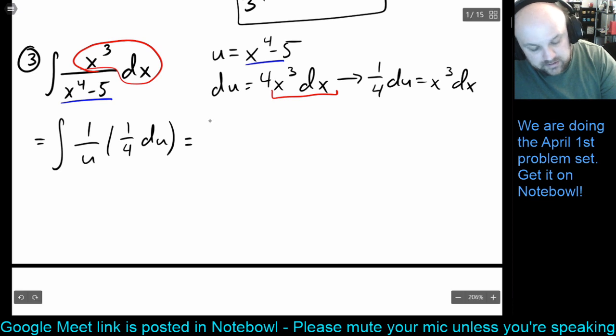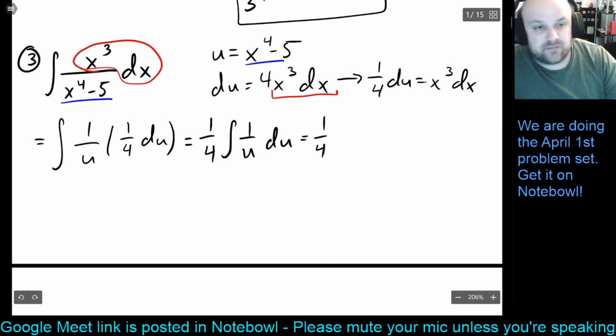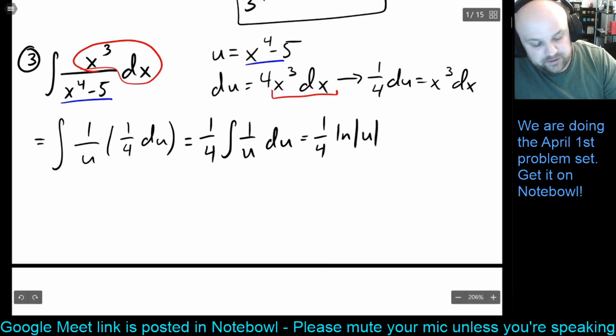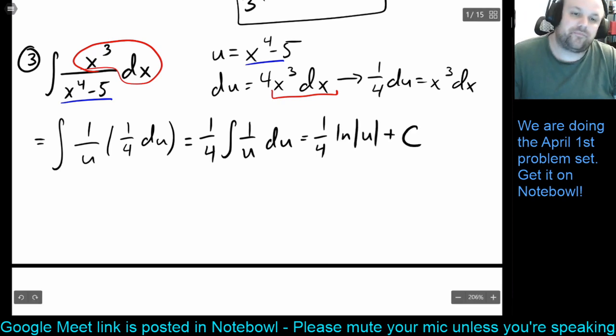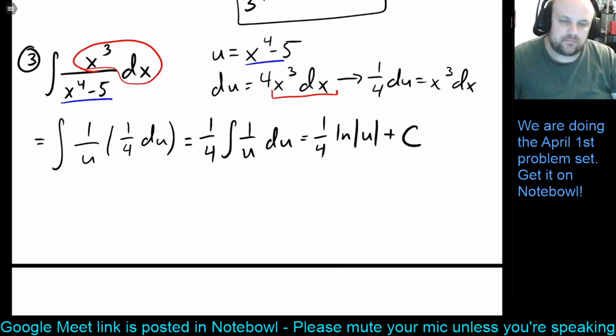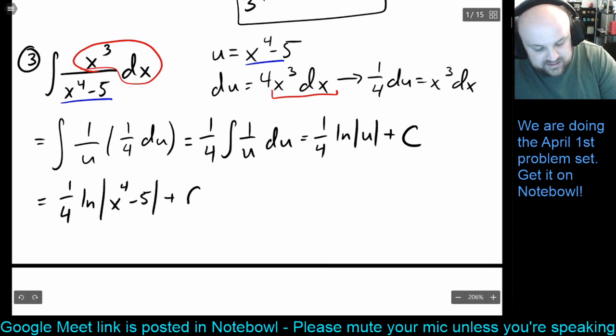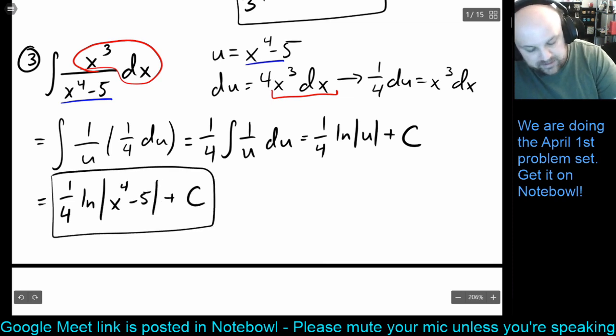Anyway, this is 1/4 integral of 1 over u du. So we get 1/4. Remember, the antiderivative of 1 over u is ln absolute value of u plus c. So with that, now we're just going to plug the expression for u back in. 1/4 ln absolute value of x to the 4th minus 5 plus c. And there we go.